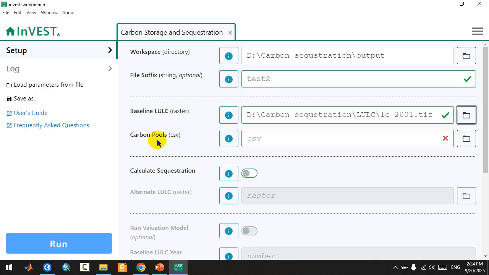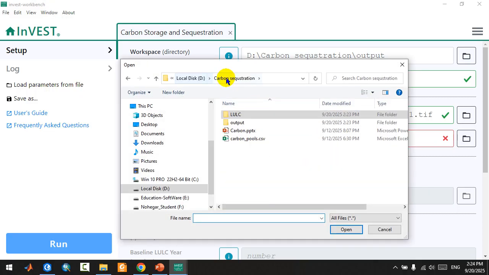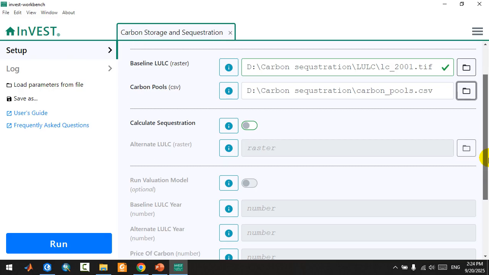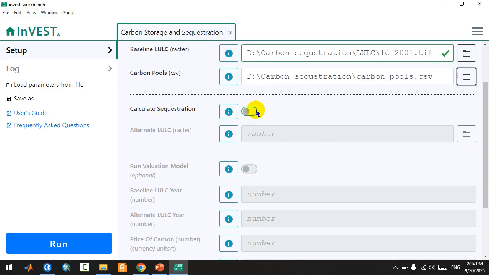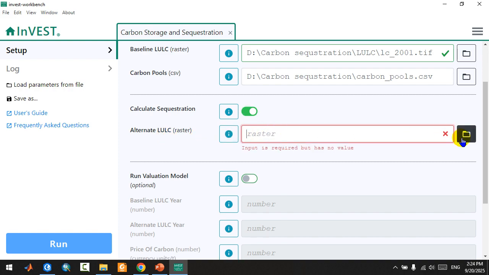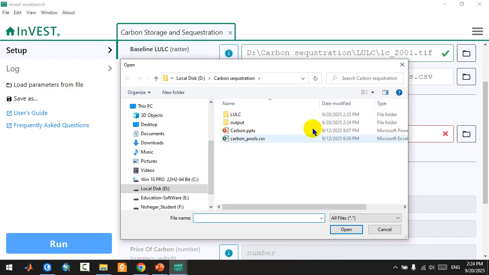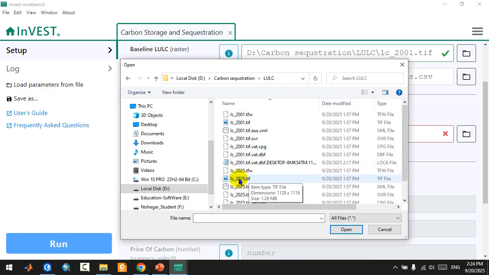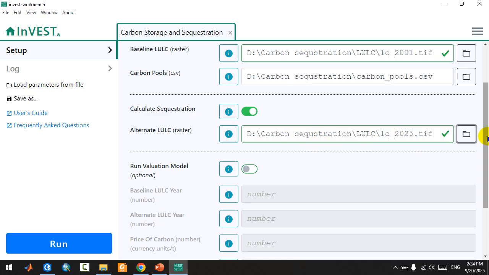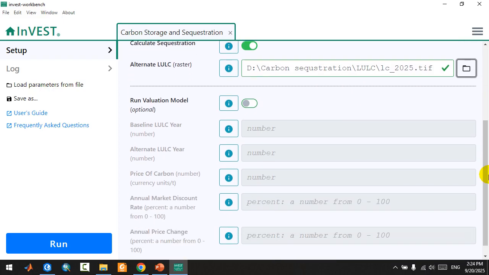Okay, in the InVEST carbon pool CSV format, carbon sequestration carbon underline pool dot CSV, open. Okay, calculate sequestration, yes, active. Alternative raster for 2025 years, raster file LULC LC underline 2025.tif, land use map.